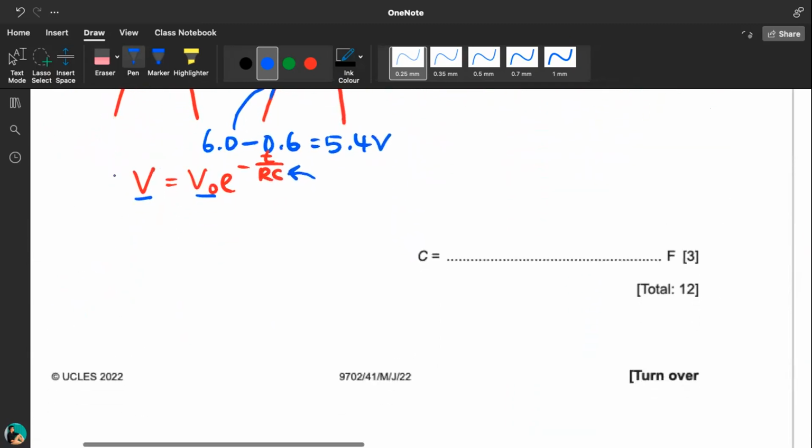Just put in here. 5.4 equals 6.0 e to the minus 0.034 over RC.